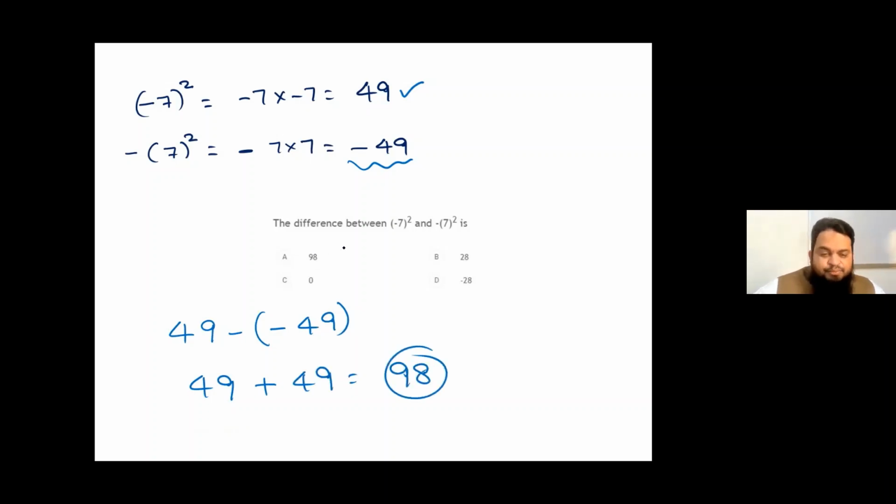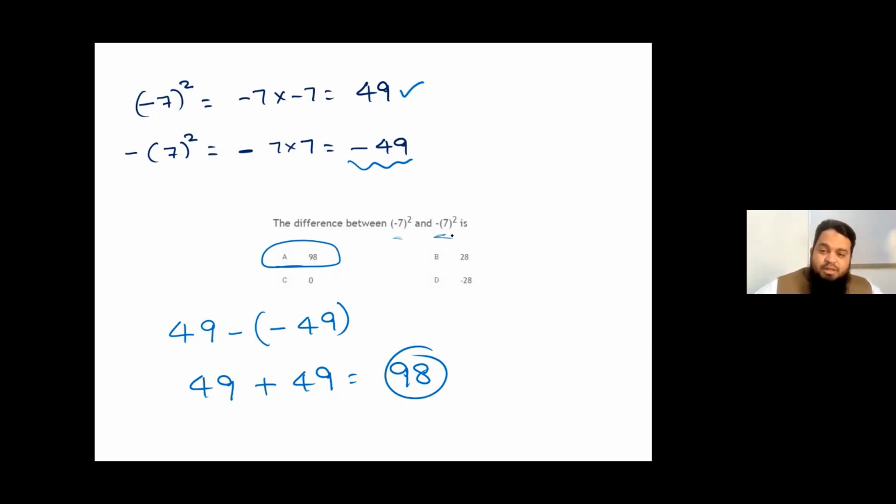That is the answer. See, generally here, in a hurry, we make mistakes. We don't see this minus which is outside. So 49 and minus 49, we write it as 49 and 49, and 49 minus 49 is 0. Is it right? So be careful.